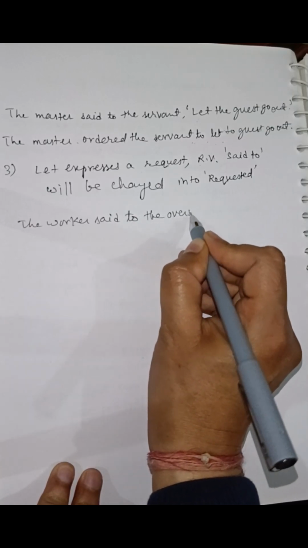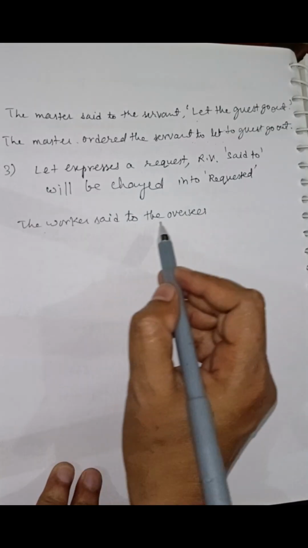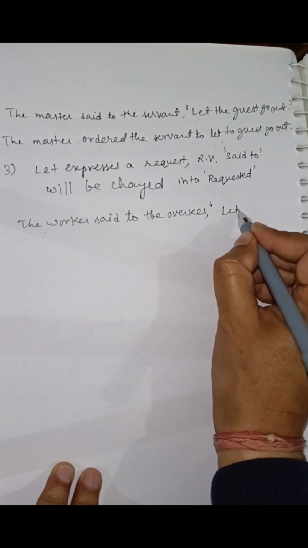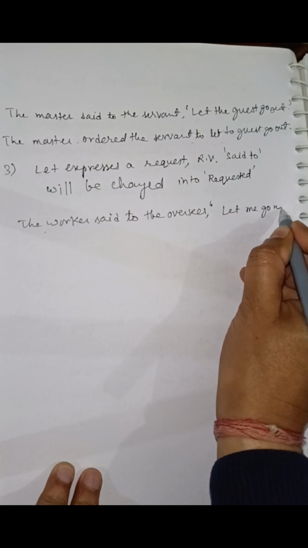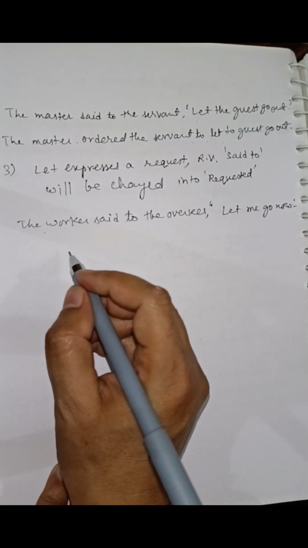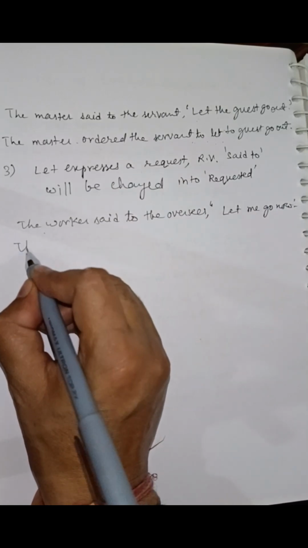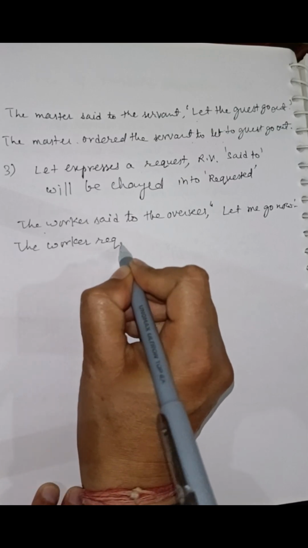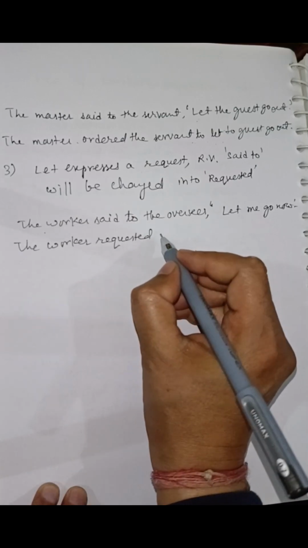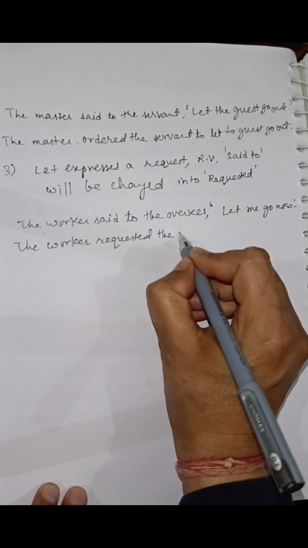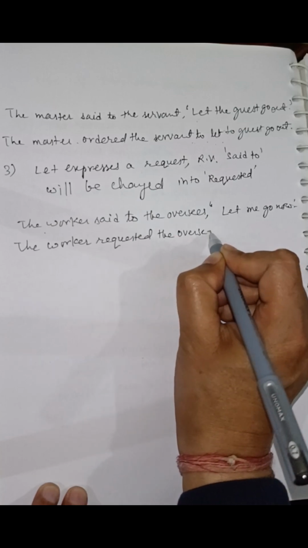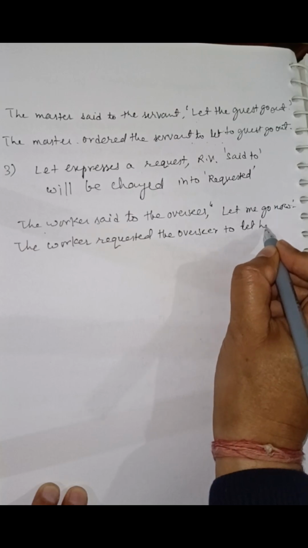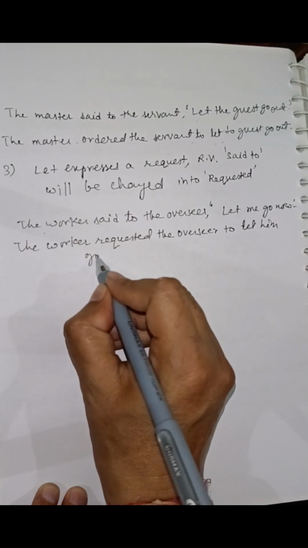The worker said to the overseer, let me go now, right? The worker requested the overseer to let him go now.